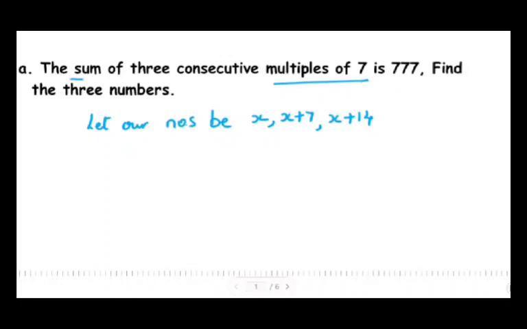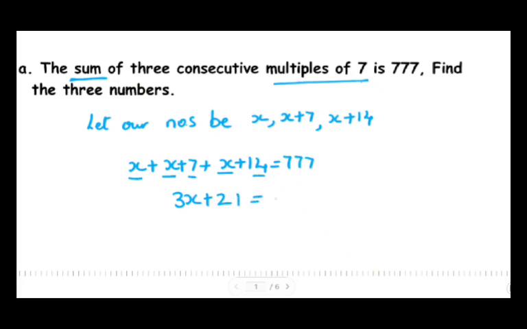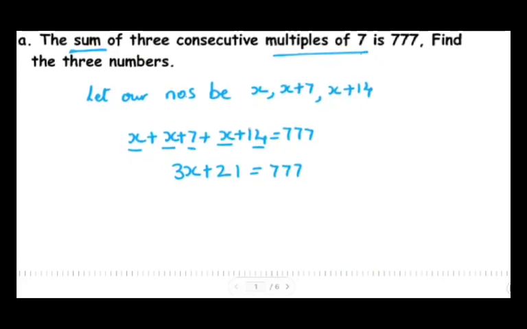Okay, now they are saying the sum. The word sum means to add. So x plus 7 plus x plus 14 is how much? 777. 1x, 2x, 3x. So 3x plus 7 plus 14, that is 21, is equal to 777.